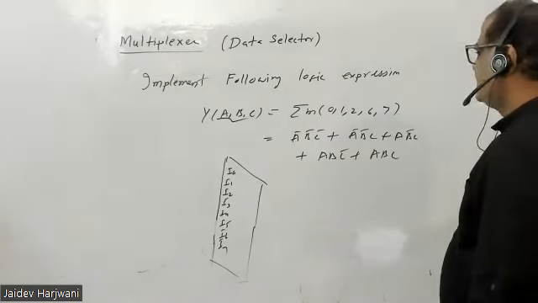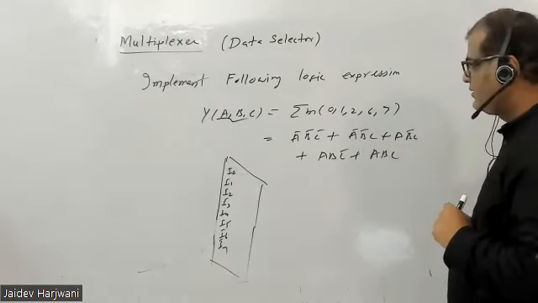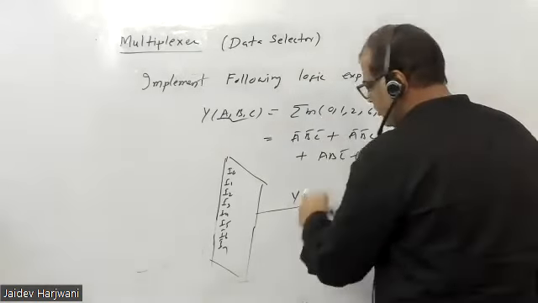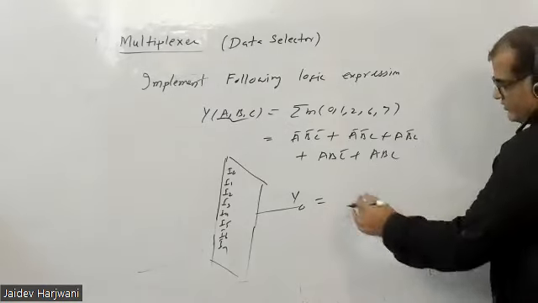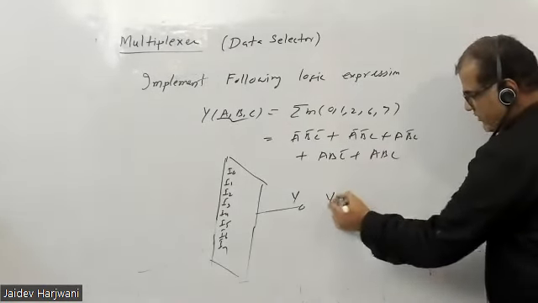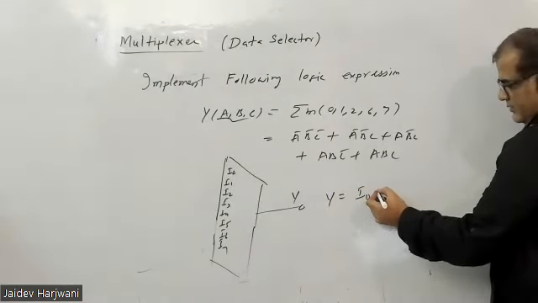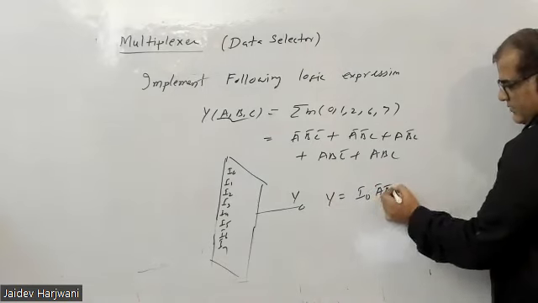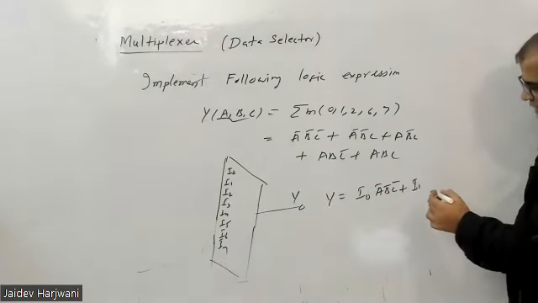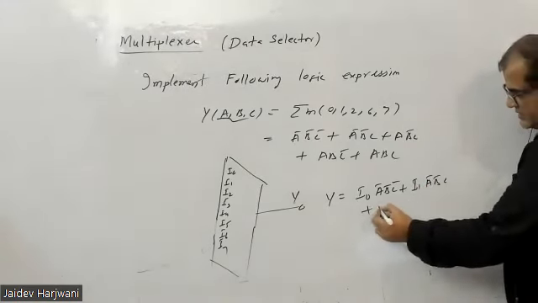Now what will the output of this be? Y equals I0 into A bar B bar C bar plus I1 A bar B bar C plus I2.